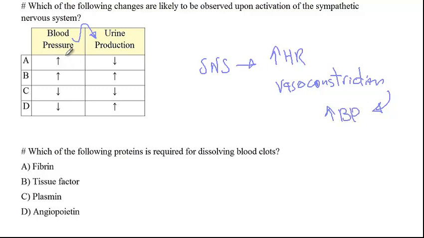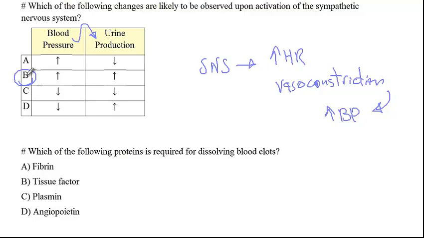Now what happens when blood pressure increases? When blood pressure increases, the glomerular filtration rate also increases, because now there's too much blood that is pushing into the filter of the kidneys, and therefore urine production increases, and so choice B would be the correct answer.